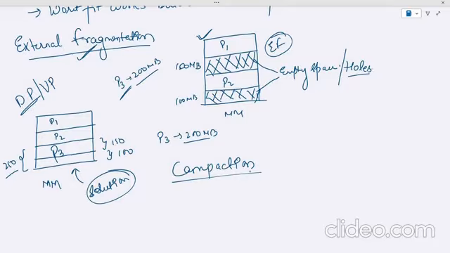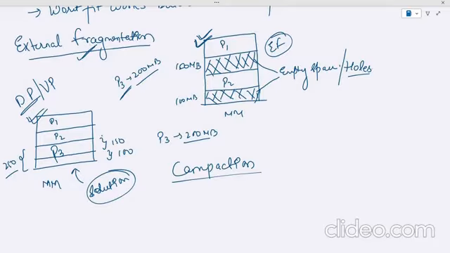The solution to external fragmentation is compaction. We need to collect all the allocated processes side by side. So this is the compaction problem, and the solution is moving the occupied space and unoccupied space side by side. Okay.